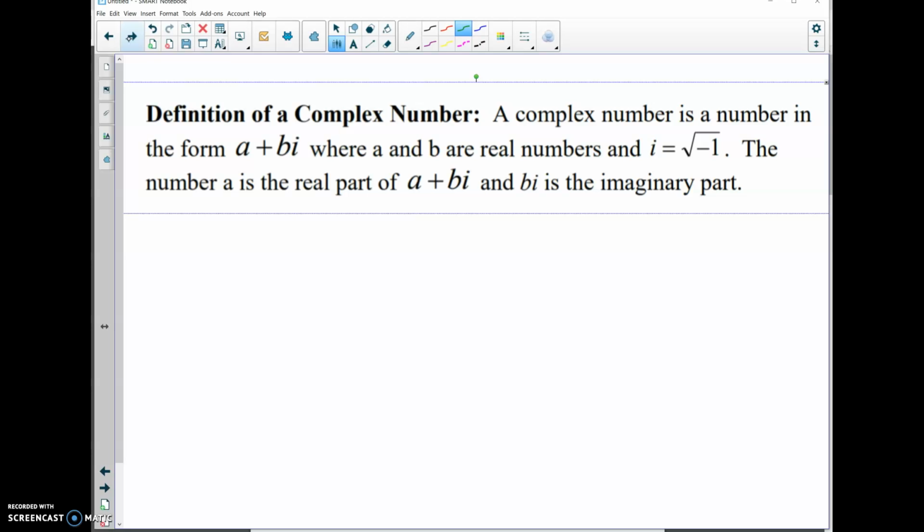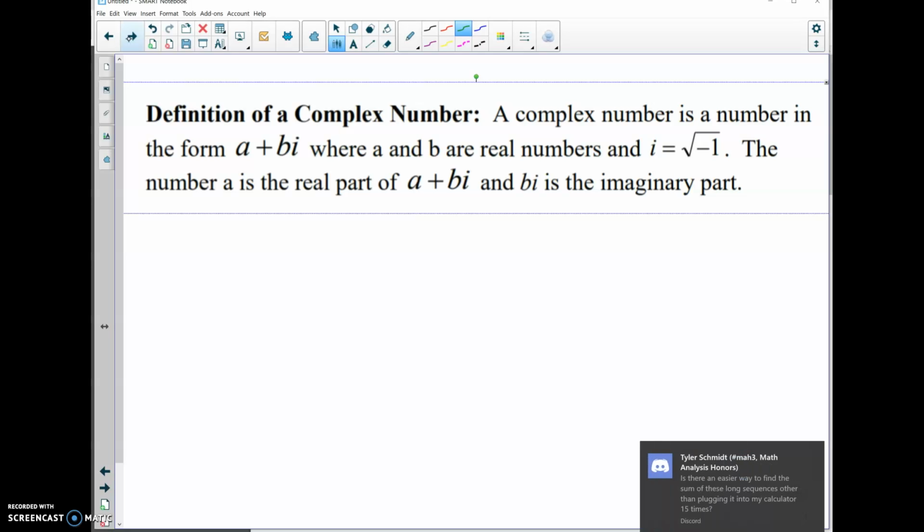The definition of a complex number. We can have a real part and an imaginary part. This will come up when we have some examples shortly. So a is a real number, bi is the imaginary part.